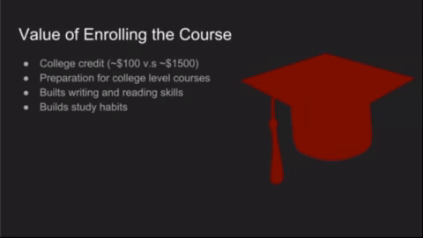In addition, it builds your reading and writing skills, and this applies not only to AP English Language but also to others such as history and science, where you have to write about something or read about something and then analyze it. Finally, AP exams build studying habits, which you can use in further life in college and so on.